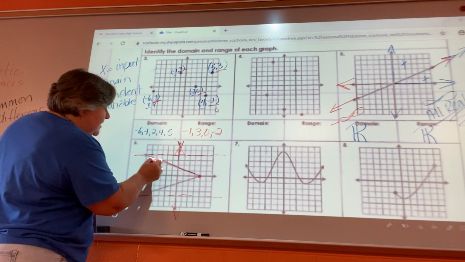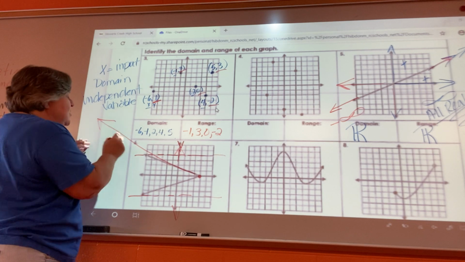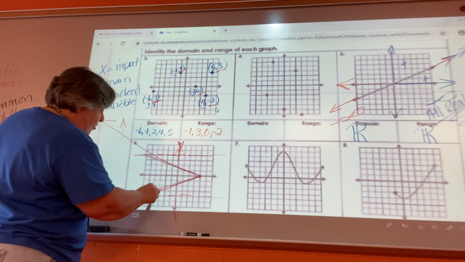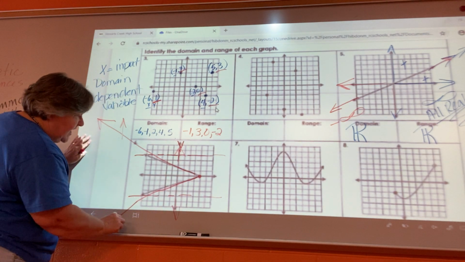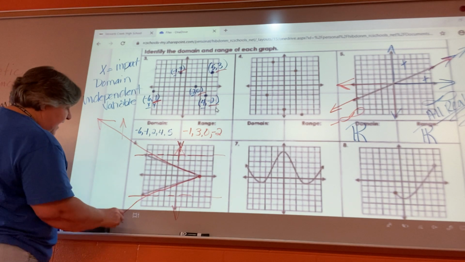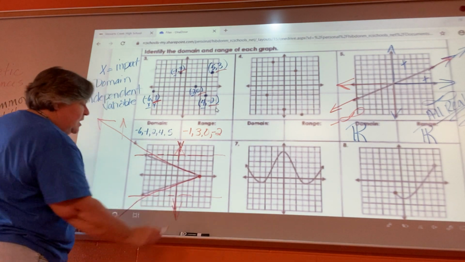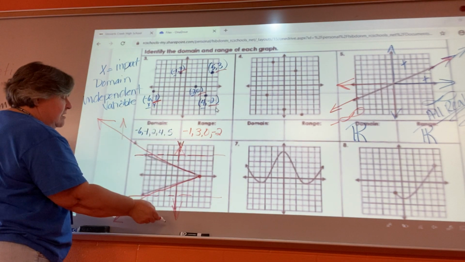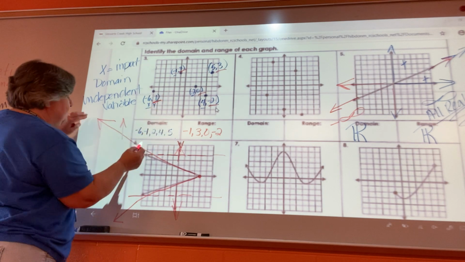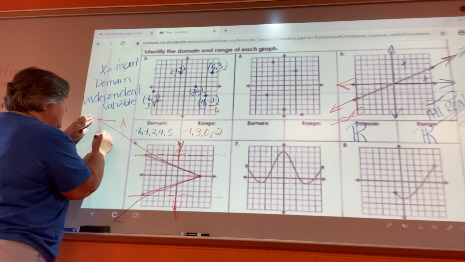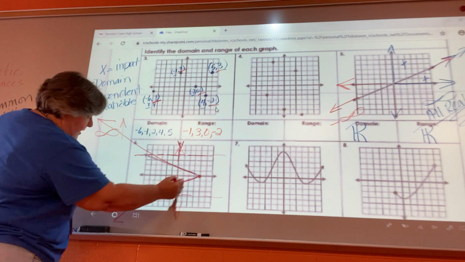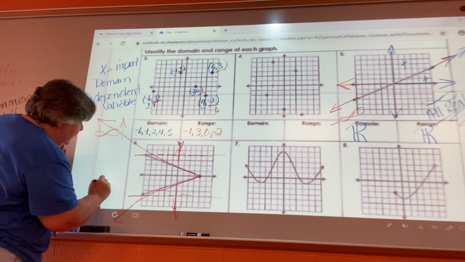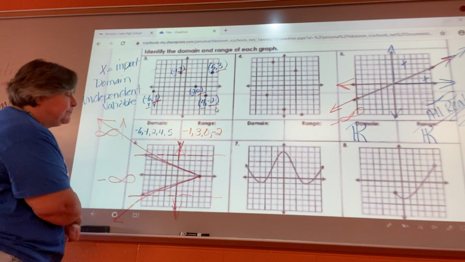If this keeps going like this, it's going to continue to go up and up. And if it goes here, it's going to continue to go down and down. So for my range, this goes up in a positive direction, so this is positive infinity. This one is going to go down and down for as far as it'll go, so that's negative infinity.